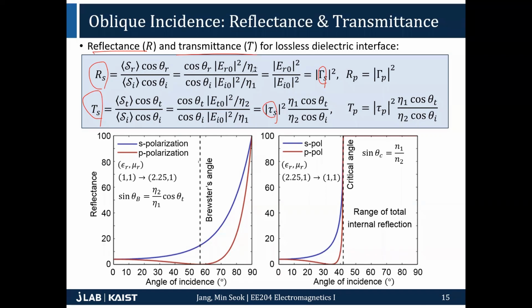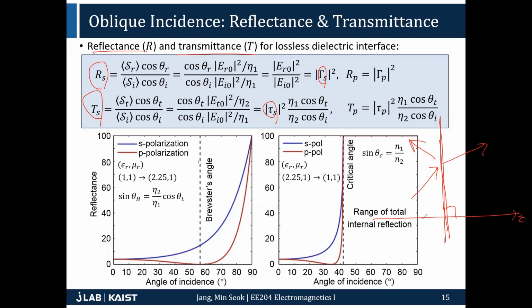Okay, so let's say we have an incident wave, a transmitted wave, and a reflected wave. And what we measure is actually, because the overall propagation direction is along Z and the interface is perpendicular to Z, the Z component of the Poynting vector, basically.